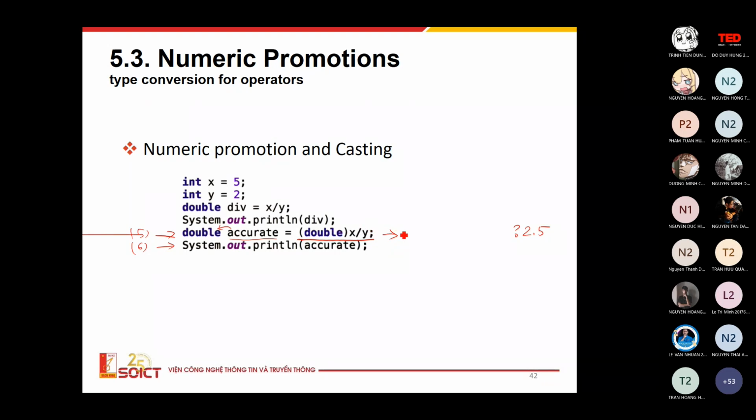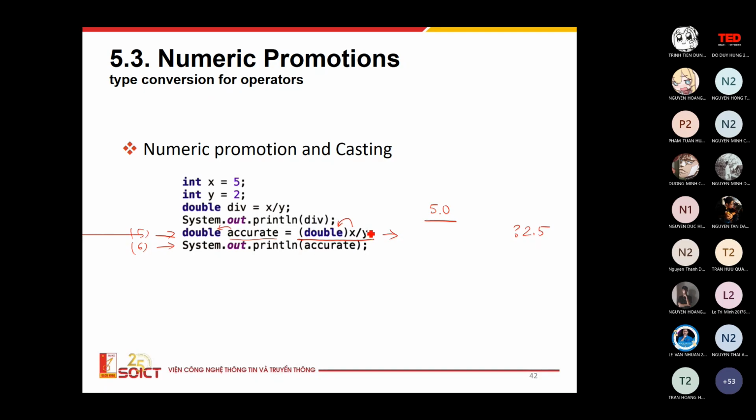Firstly, we explicitly cast the type of x to double, integer to double. Firstly, you have to explicitly cast x to double. And then you will get 5.0.